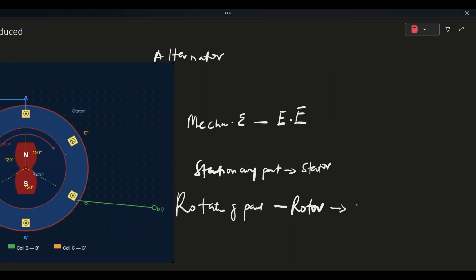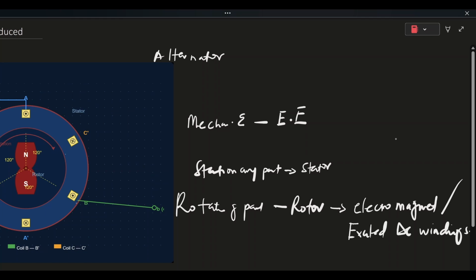So now our rotor here can either be an electromagnet or excited DC windings. And on our stator, you have three coils. So you have three copper coils on the stator. These copper coils are separated at an angle of 120 degrees apart.